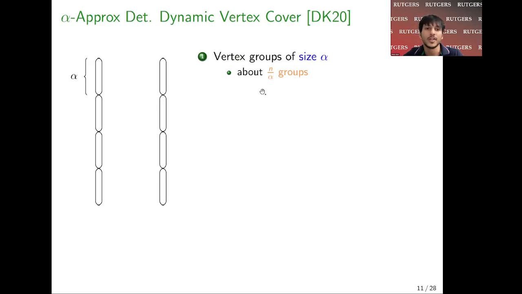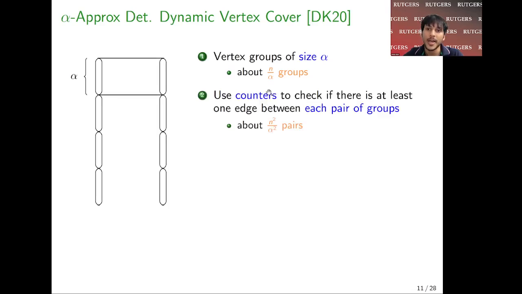So there are roughly n over alpha groups. And now they look at a pair of groups and store a counter between them. So for every pair of groups, there's a counter, and the counter stores the number of edges between those two groups. So you store it for all pairs, right? And each counter stores the number of edges between the pair of groups.